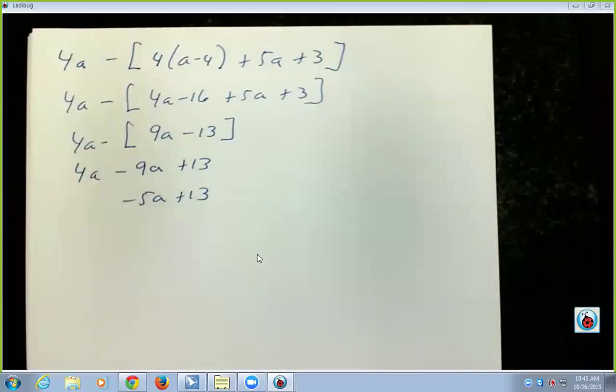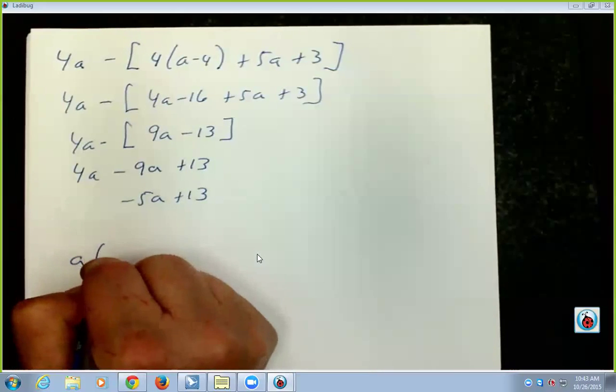Are we good with that one? Okay. This one here has an a out in front.